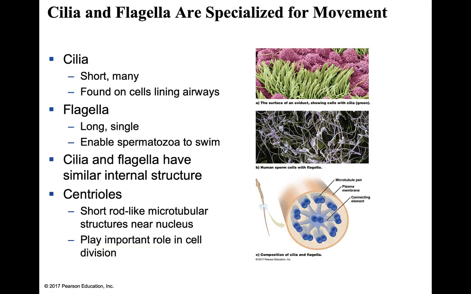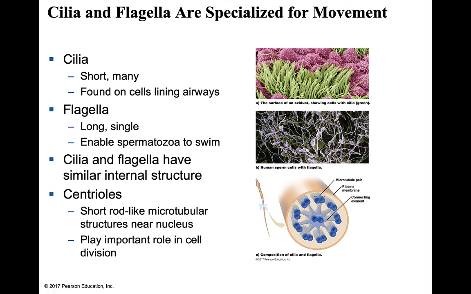Now, there's 3 types of structures that are specific to movement. One is cilia, and here we can see that, and that is not an anemone. This is actually the oviduct, and the oviduct has the cilia, and the role of that is to move the egg along once ovulation has taken place.